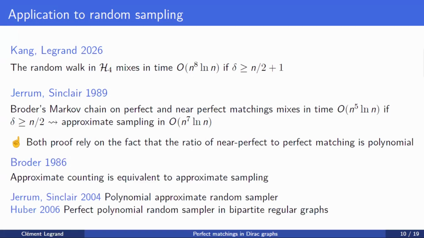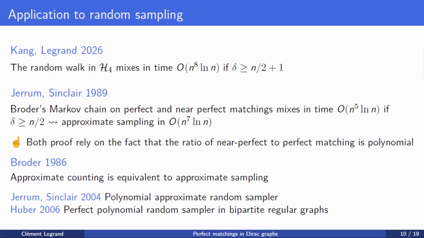And so one motivation of Broder was actually not doing this perfect sampling, but doing some approximate counting. He was interested in the problem of computing the number of perfect matchings of a graph. So this is counting, a sharp P hard problem. But if you're only interested in approximate counting, then the complexity is the same as doing approximate sampling.